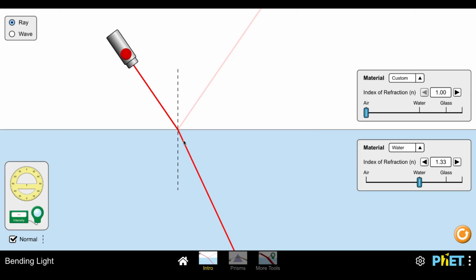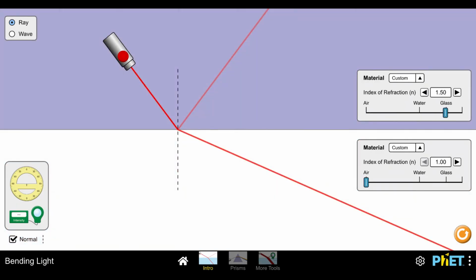It's bent more because this material is more denser, so it curves the path inwards. If you have a larger index of refraction, it should bend the light towards the normal more than a regular index of refraction of 1.